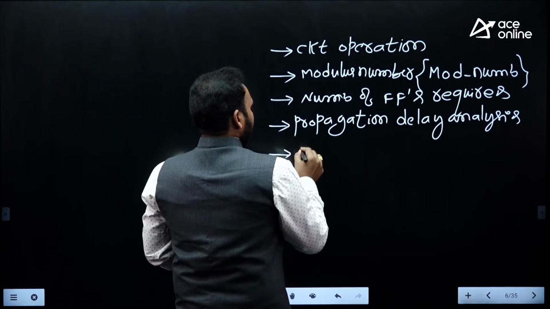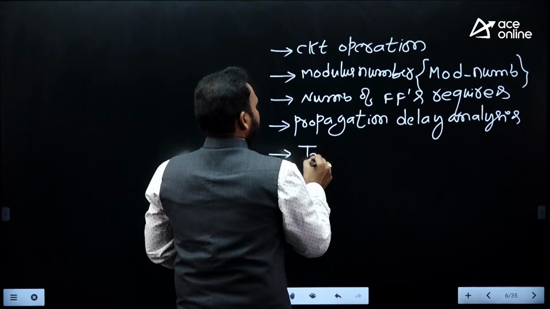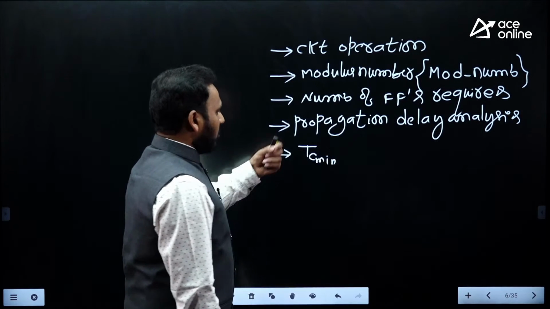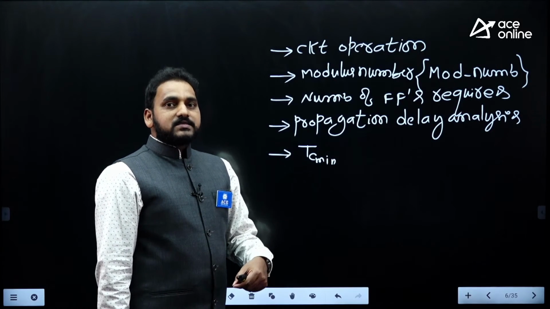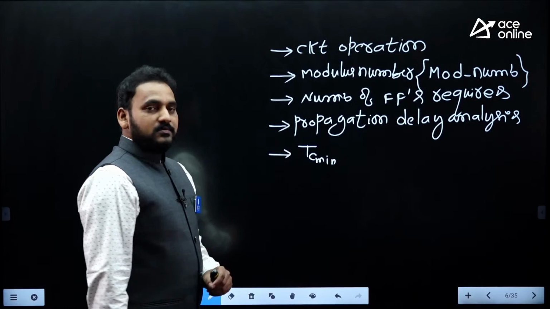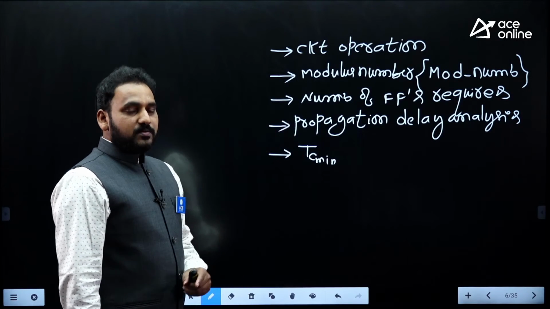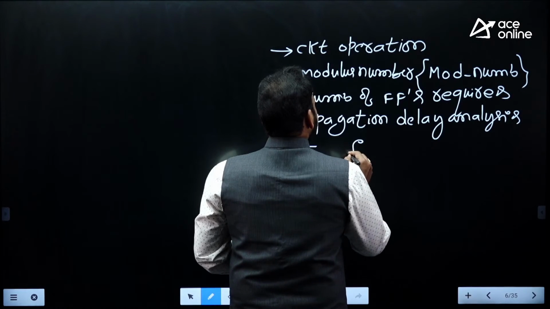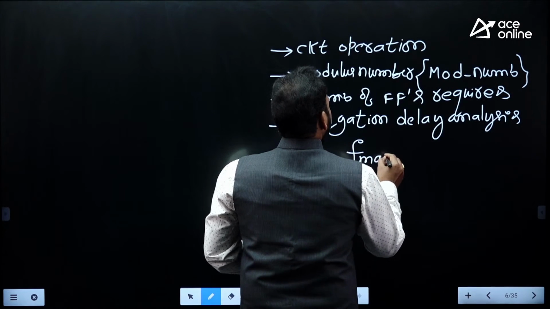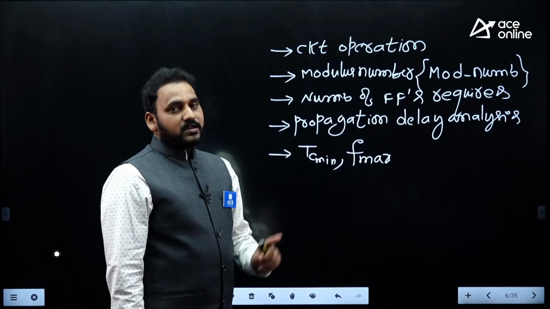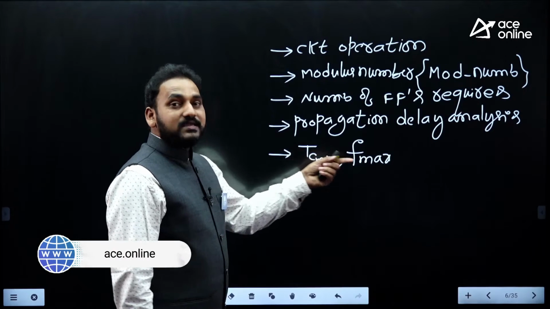And then you can understand what should be the minimum value of clock duration. We are providing clock to the counter. It cannot accept any clock period. It has some limitations that you should know by doing the analysis with respect to the propagation delay. And then it gives the maximum operating frequency of the counter. These relations are very, very important as per GATE.